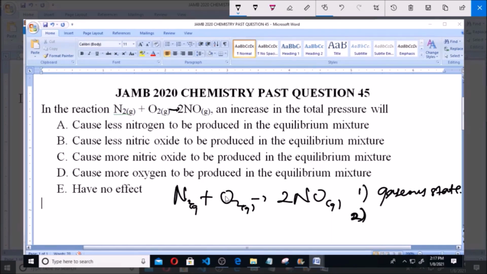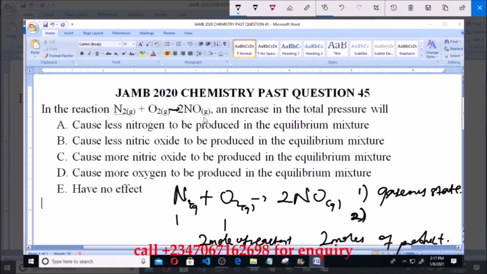Now, looking at this reaction given to us, we have 1 mole of nitrogen and 1 mole of oxygen. When we add this together, it gives us 2 moles of reactants. Looking at the product, we have 2 moles of nitric oxide, so that is 2 moles of product. Because the amount of the reactants and products is the same, the pressure will not have an effect on this reaction.